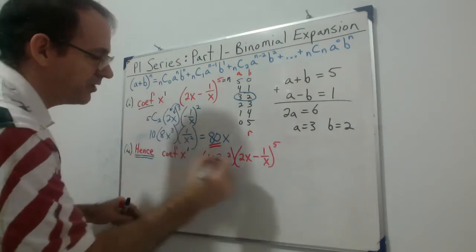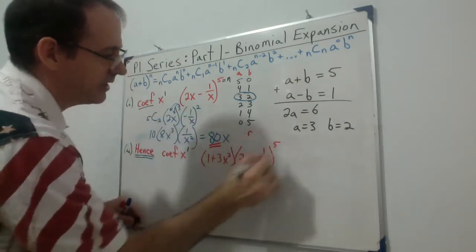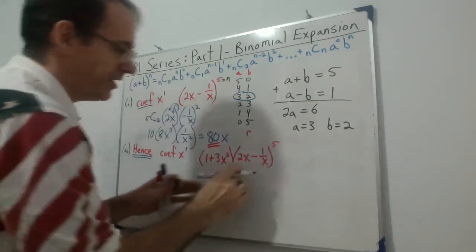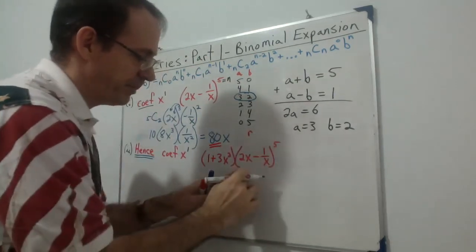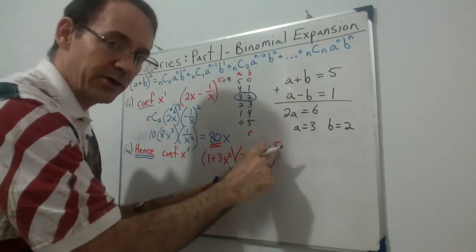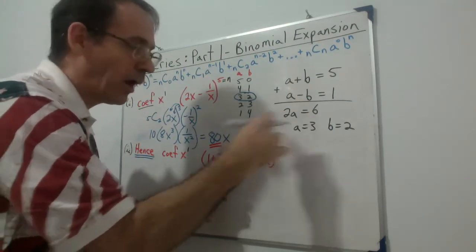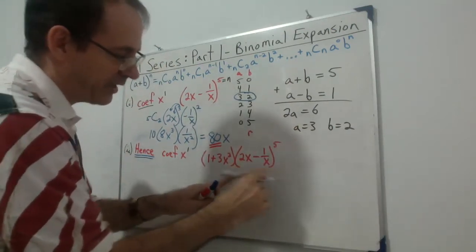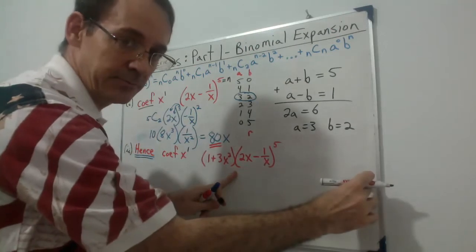And you notice that this part over here is exactly the same as up here. So this term to the 5th power, remember from before, whatever power you have, whatever n is, 1 more is how many terms you have. So if you were to multiply this out, there would be 6 terms here.